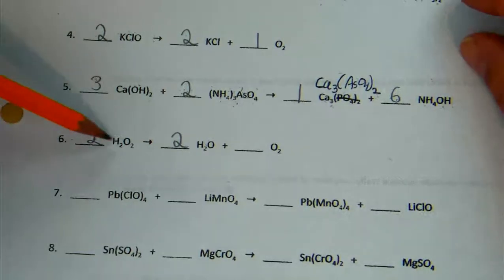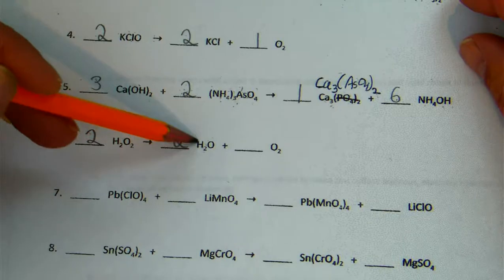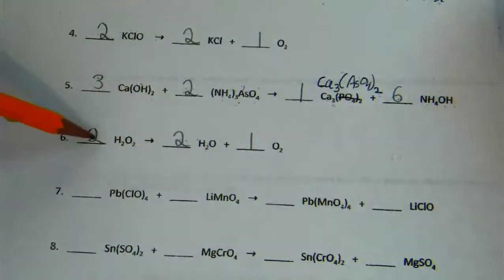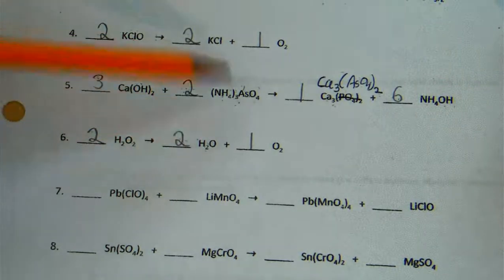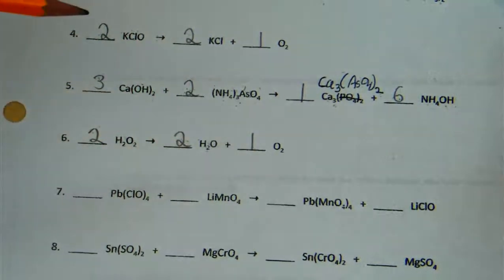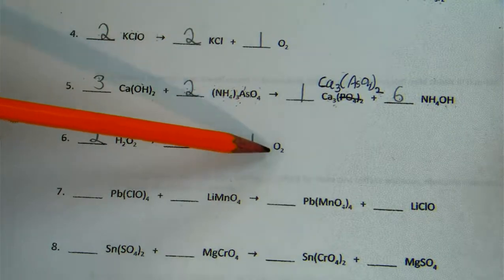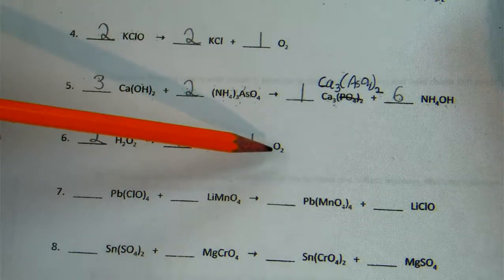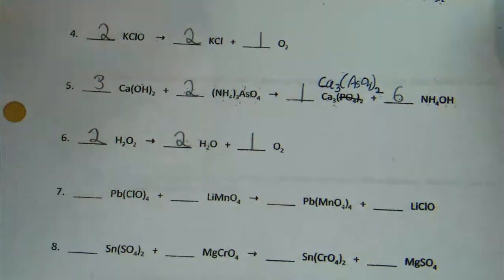That gives me 4 hydrogens on the left, and sure enough, I have 4 hydrogens on the right. So this balanced decomposition reaction would be 2 hydrogen peroxides decompose into 2 water molecules and 1 oxygen molecule. Since oxygen is diatomic, it's a molecule, not an oxygen atom. We haven't had any individual atoms so far on this sheet.